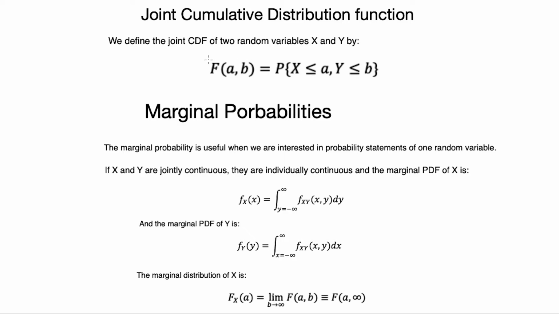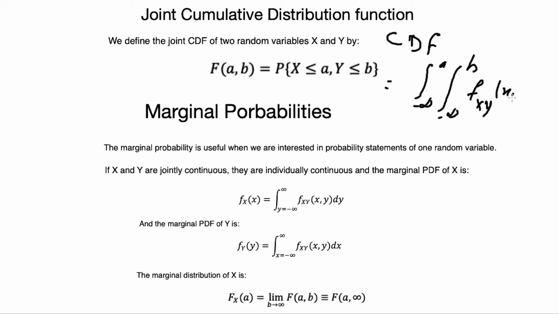We also define the joint cumulative distribution function, or the joint CDF. The joint CDF of random variables X and Y is defined by F(a, b) equals P(X less than or equal to a, Y less than or equal to b). When we have continuous random variables, it will be the integral from negative infinity to a and the integral from negative infinity to b of the joint PDF f_XY(x, y) dx dy.